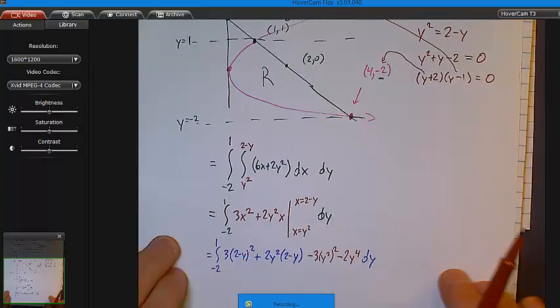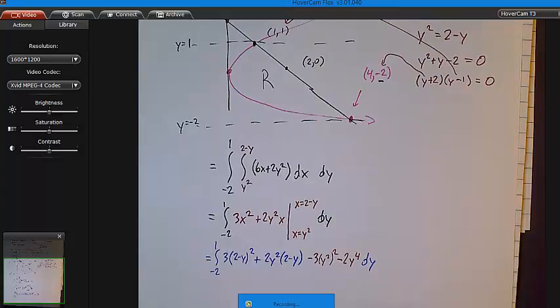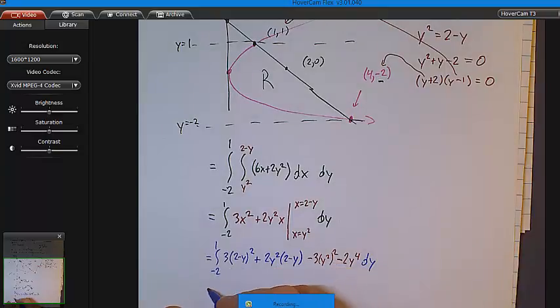Moving on. Let's see. Would I treat it as 2 integrals? I might. I think I will. Well, nah, let's distribute. Here we go. Negative 2 to 1. Oh, it's tempting, though. Okay, let's do it just for the sake of showing off. 3 times 2 minus y quantity squared dy.